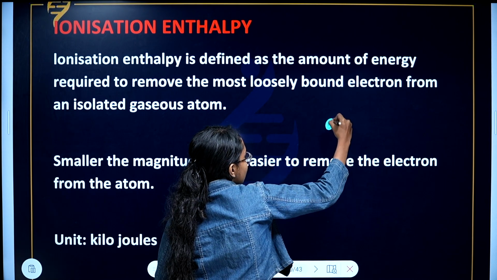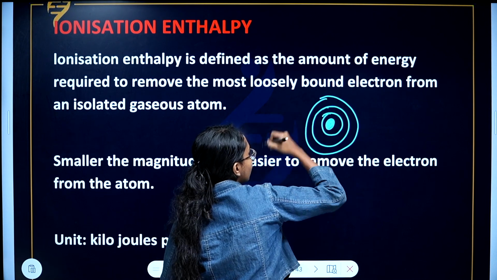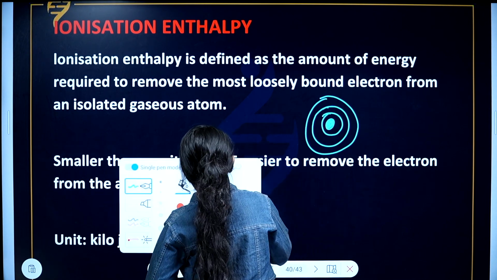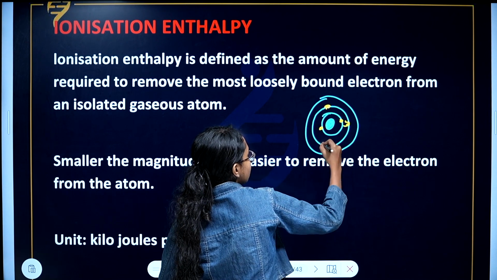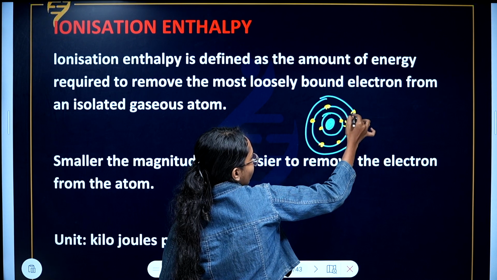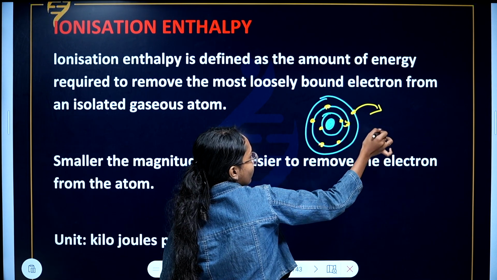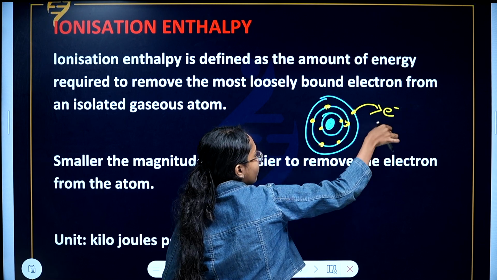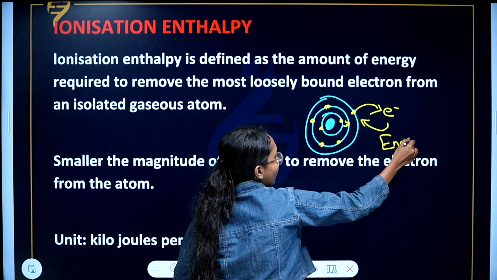This is a nucleus, n equal to 1, n equal to 2, n equal to 3. Here I am having some random number of electrons. I am having an electron here also. I need to remove this outermost electron. So as to remove this, I need to supply some amount of energy.